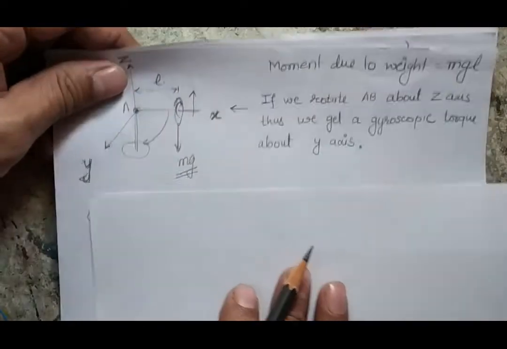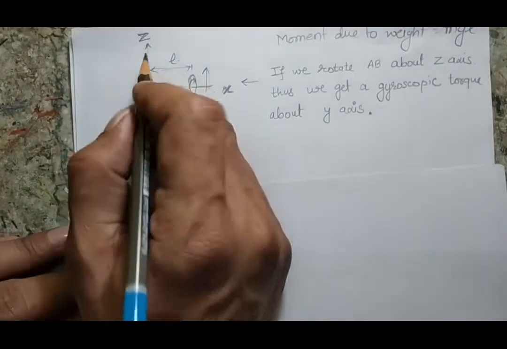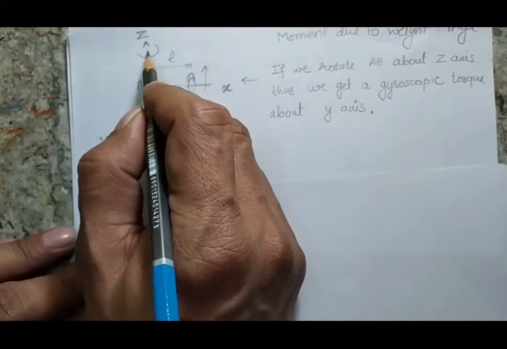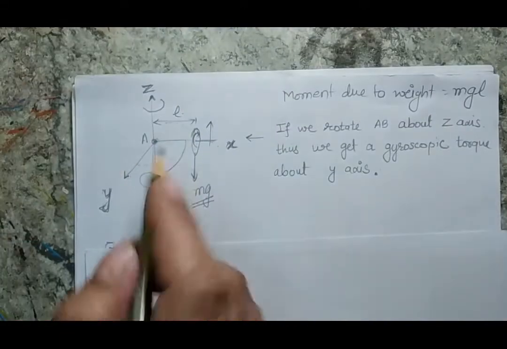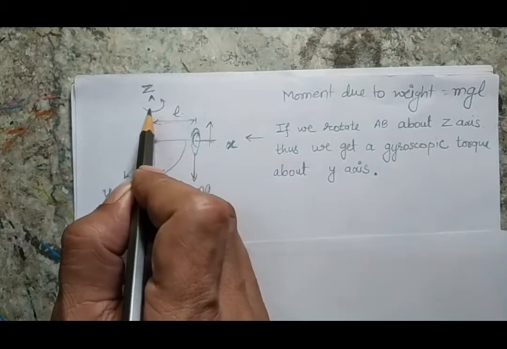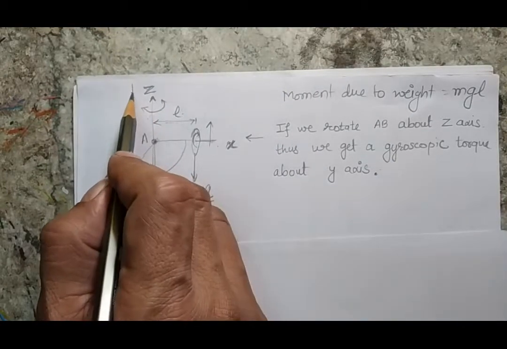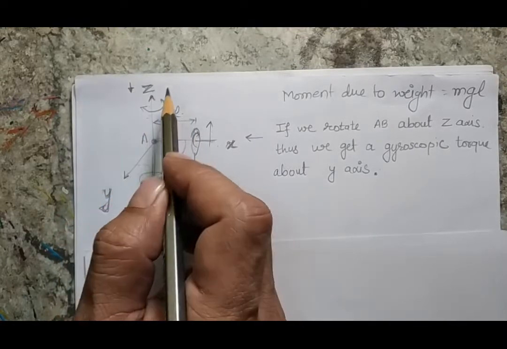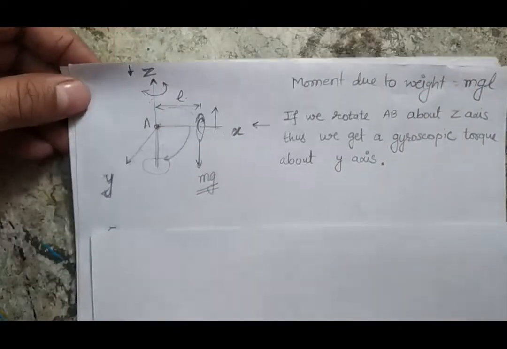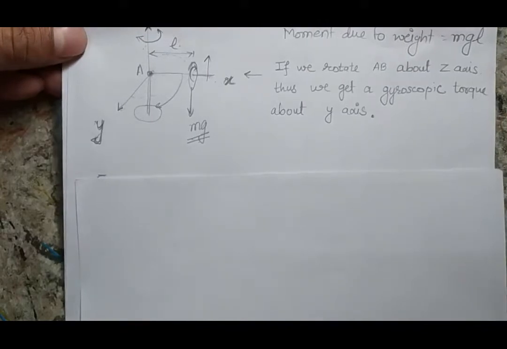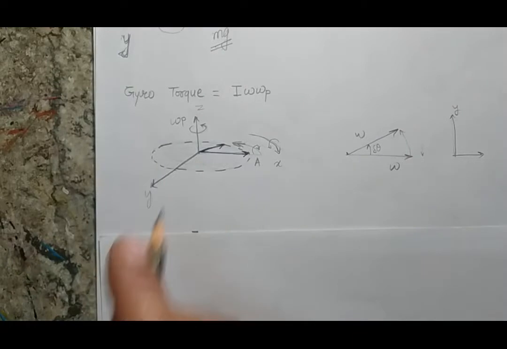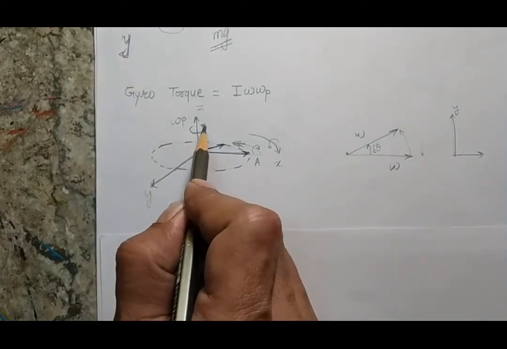So now let's see what we need. We need to rotate the rotor, and second, we have to check whether we want to rotate in the clockwise sense or in the anti-clockwise sense while we are watching the rotor from the top view. So I will consider both the cases. In this first case, I am giving a rotation in this way.